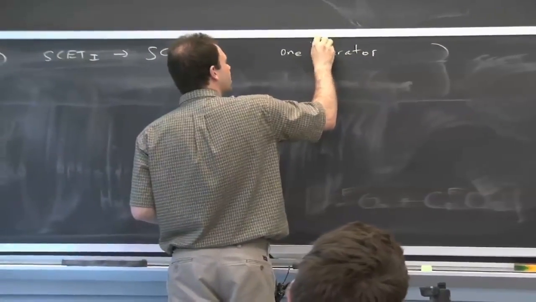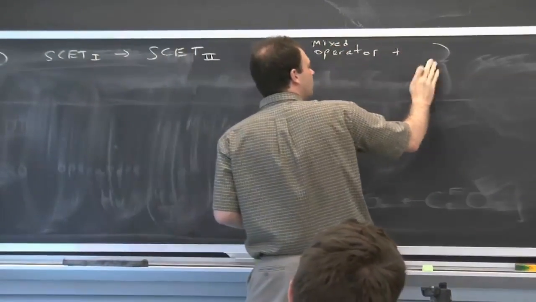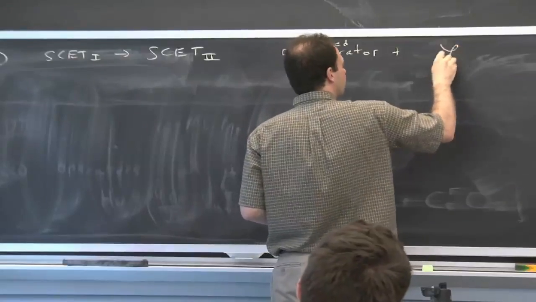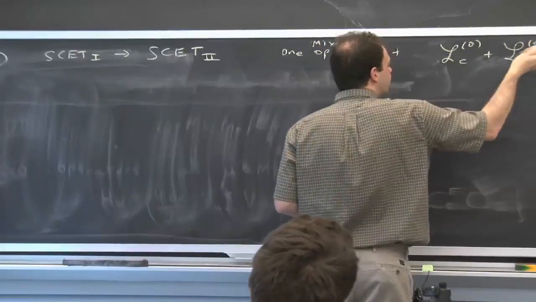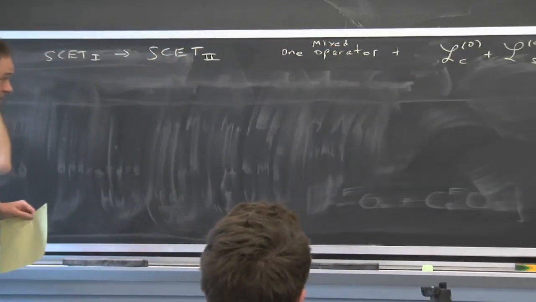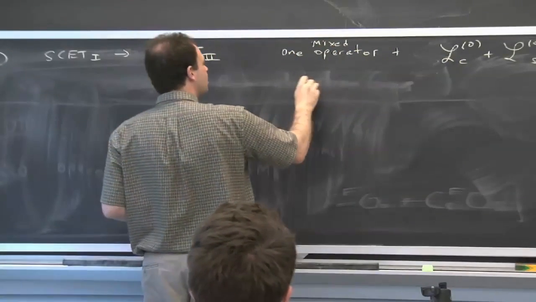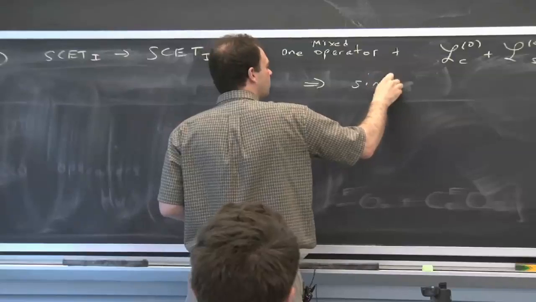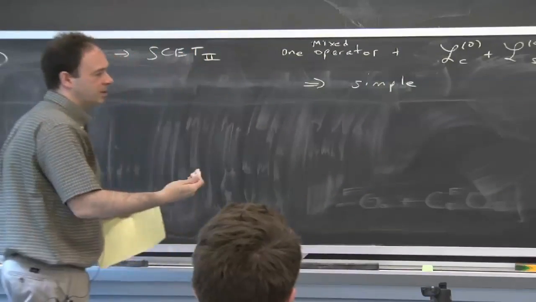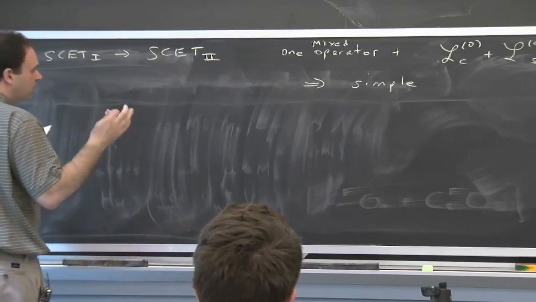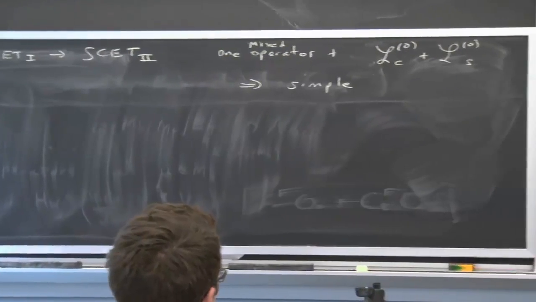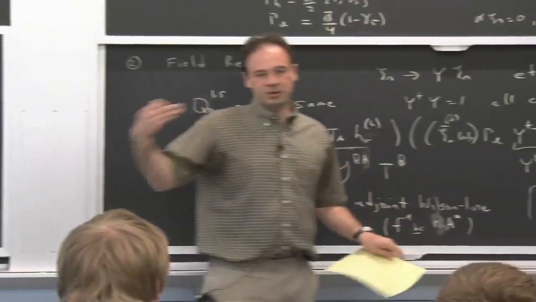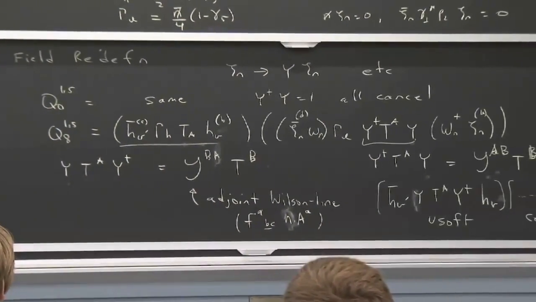We have one mixed operator plus L0 collinear and L0 soft, and those things are already decoupled, and so this is simple. And so we simply replace y's by s, renaming it soft instead of ultra soft. Really nothing is changing. And these collinears, we just put them down onto SCET 2 collinears from SCET 1 collinears.